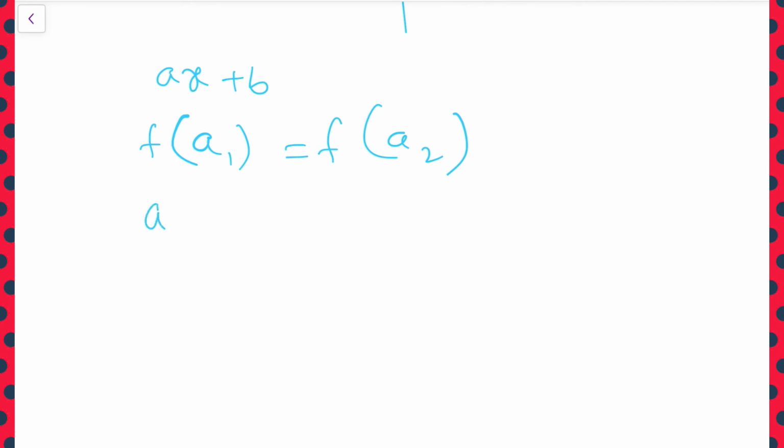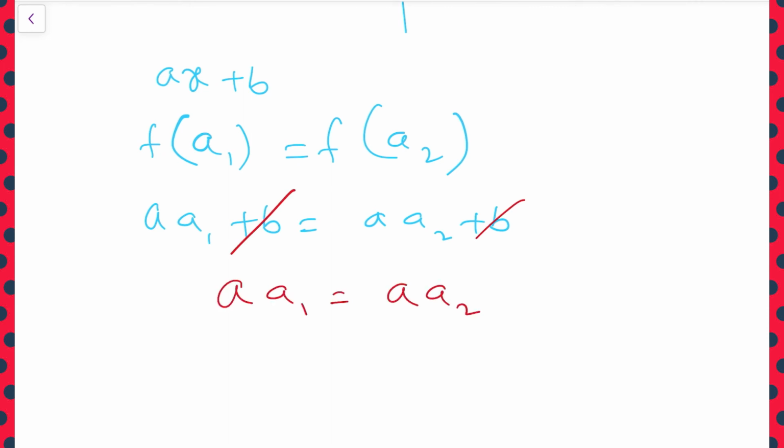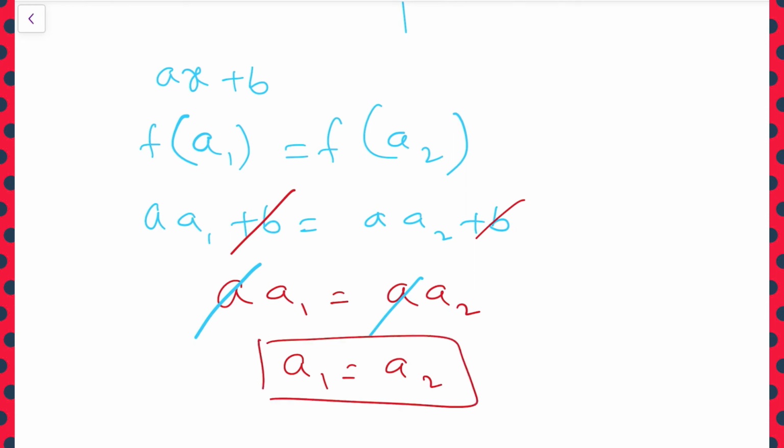So we will get a into a1 plus b is equal to a into a2 plus b. Left side plus b, right side plus b, both will get cancelled. Left side a, right side a, both will get cancelled. Then we remain with finally a1 is equal to a2. If we remain with a1 is equal to a2 after simplification, then we can conclude that this is a one-one function.